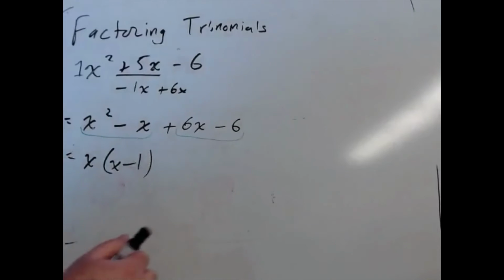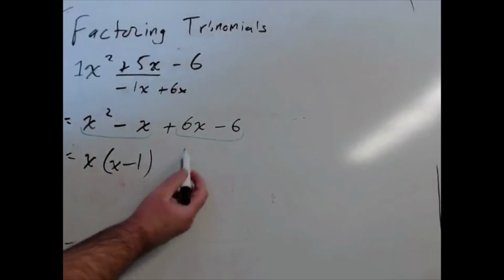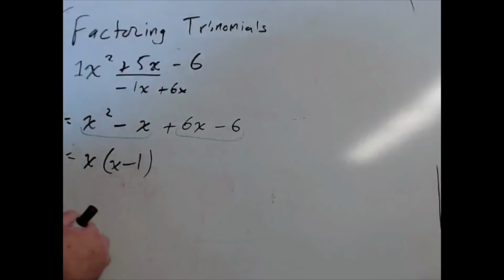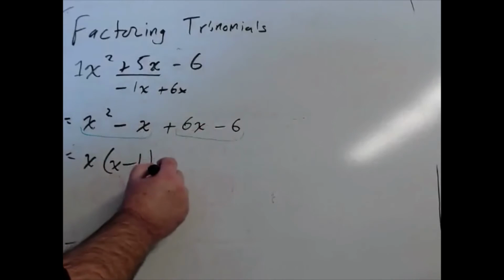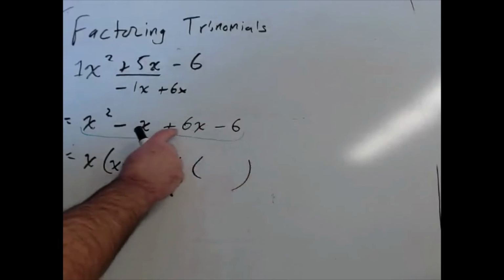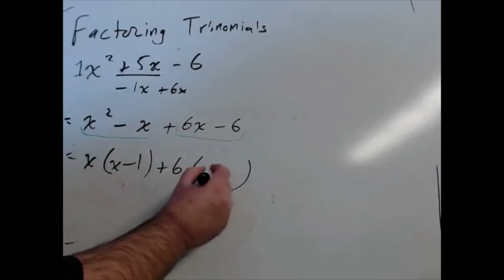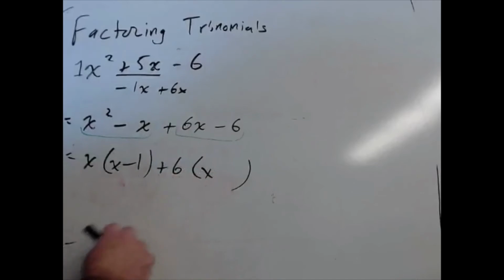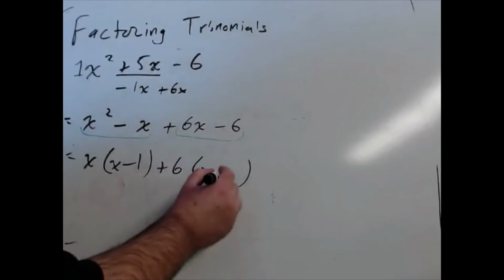All right, over here, I've got 6x with a negative 6, so it looks like I've got a 6 in common right here. So I can take out a 6. 6 times what gives me positive 6x? Well, x. And 6 times what gives me a negative 6? Negative 1.